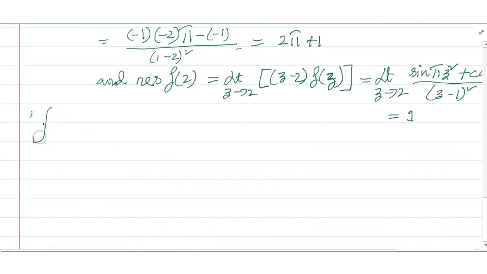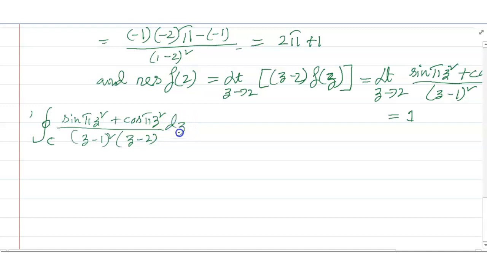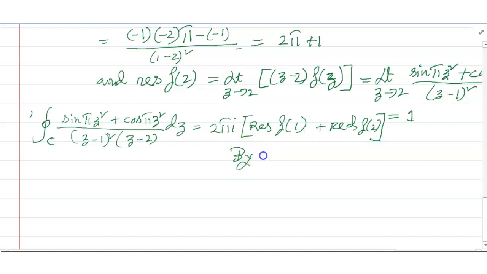So friends, the closed integral over C of (sin(πz²) plus cos(πz²)) divided by (z minus 1) whole square into (z minus 2) dz is equal to 2πi times the residue of f1 plus the residue of f2, by Cauchy's residue theorem.